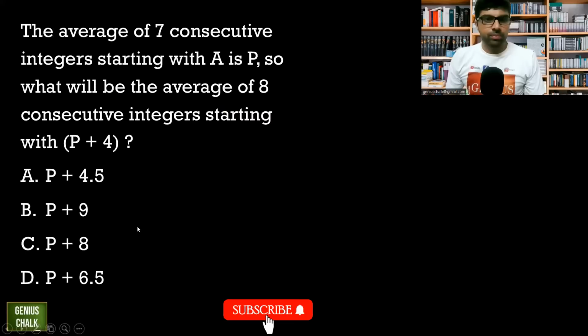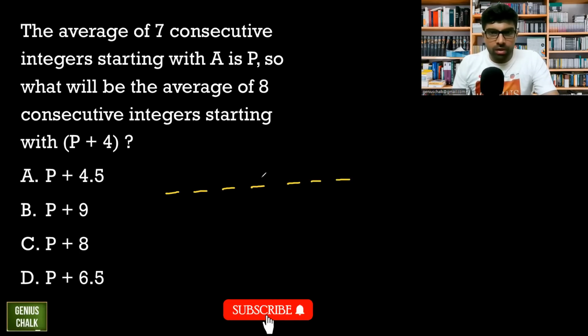Next one. Average of 7 consecutive integers starting with A is P. Average of 8 consecutive integers starting with P plus 4. So 1, 2, 3, 4, 5, 6, 7. This is 7 consecutive integers. The average is P. Average of 8 consecutive integers starting from P plus 4.